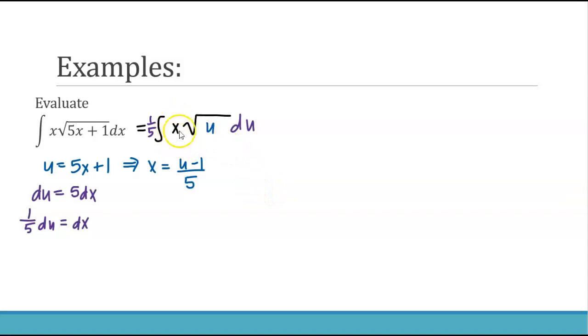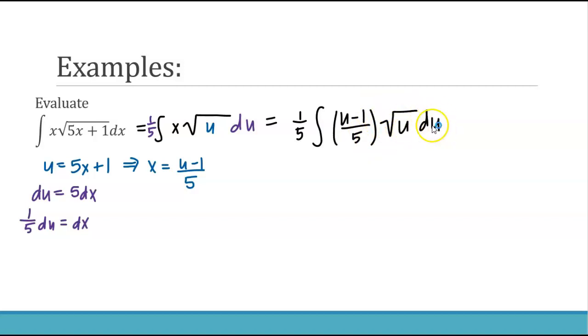So we're going to go ahead and now replace that x with that u minus 1 over 5. So here's what we have overall. I have 1/5 the integral, and I'm going to keep it all in one big set of parentheses, u minus 1 over 5, and then times the square root of u du. So it sort of looks messy, but we can actually evaluate this integral.